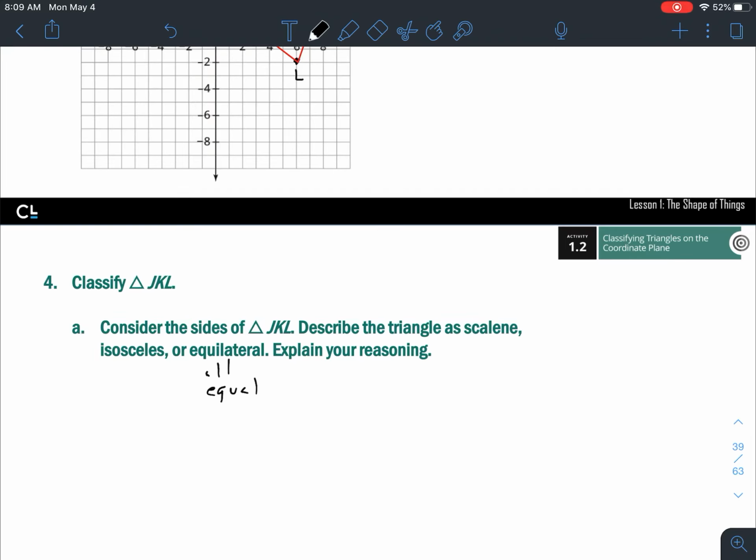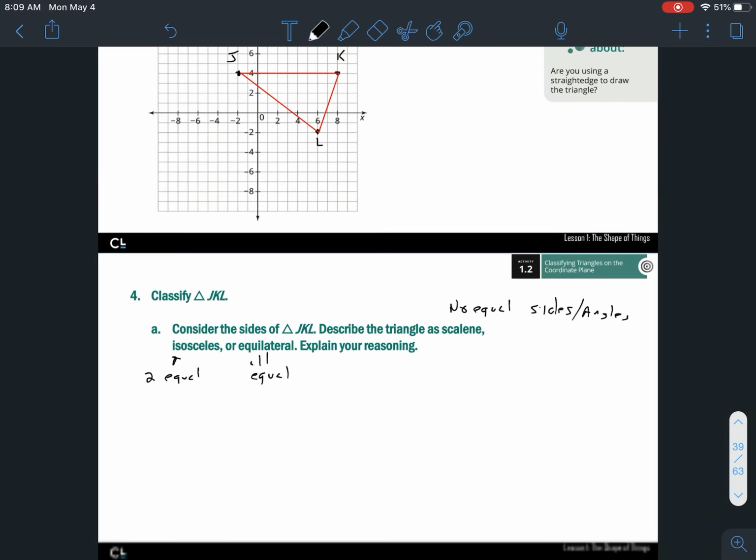A scalene is no equal sides or angles. And isosceles is two equal sides or angles. Okay? So that is how you determine what a scalene is.